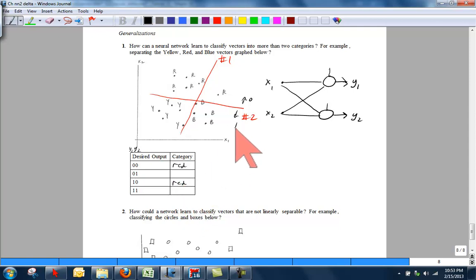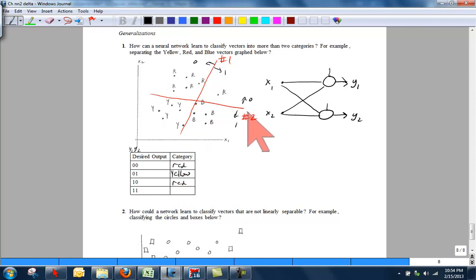If output number 2 is a 1, then I want to look at output number 1, and suppose for the sake of illustration that number 1 has a 0 side and a 1 side like this. So if number 2 is outputting a 1 and number 1 is outputting a 0, I'm over here in yellow land.